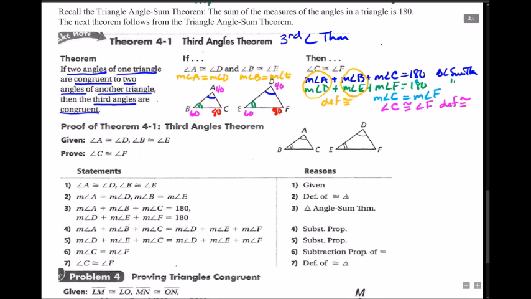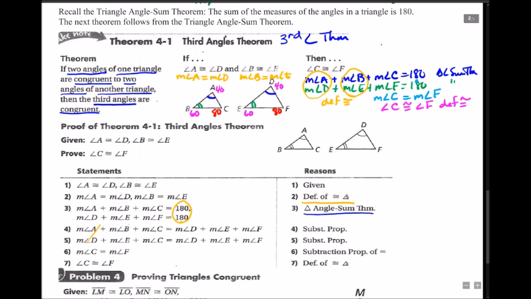We are given that our angles are congruent. This is just definition of congruence, makes our measures equal. And then we use our triangle angle sum theorem here, sets them equal to 80 degrees. And then because we've got this going on, I can just set them equal to each other.